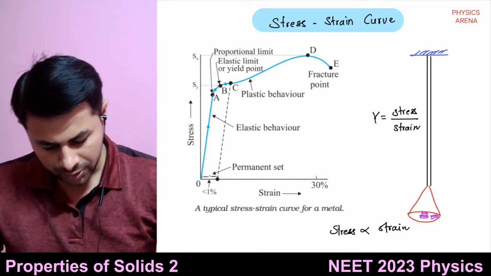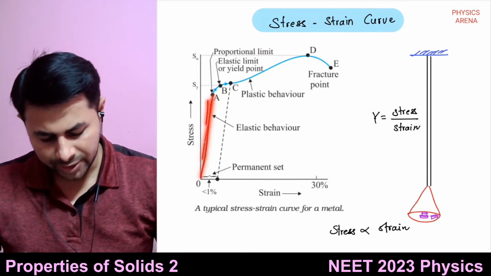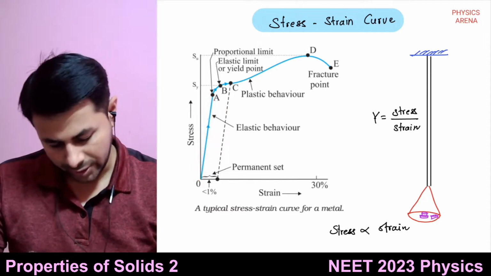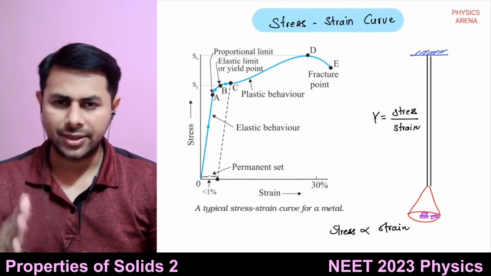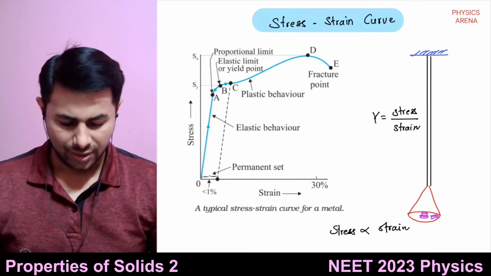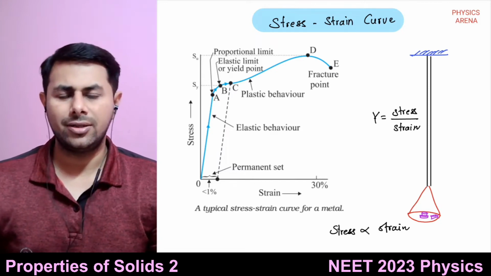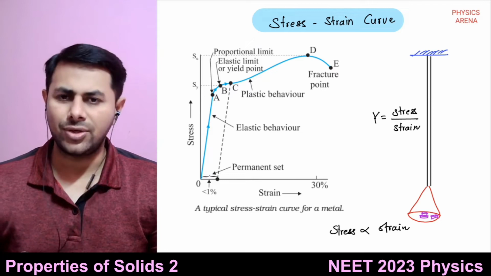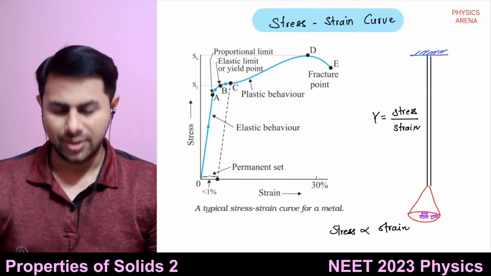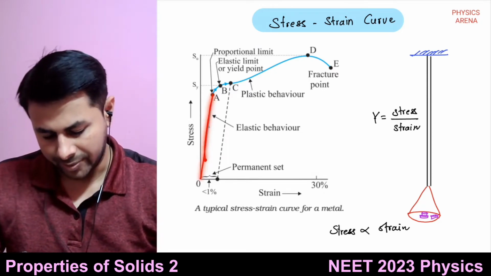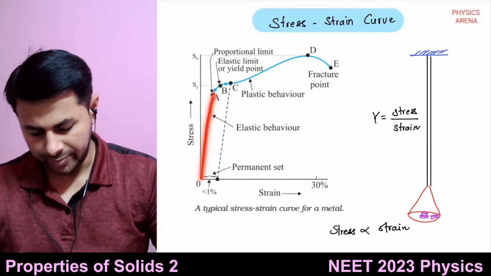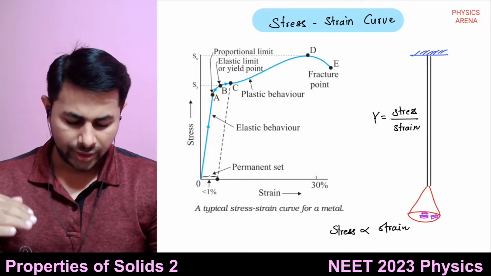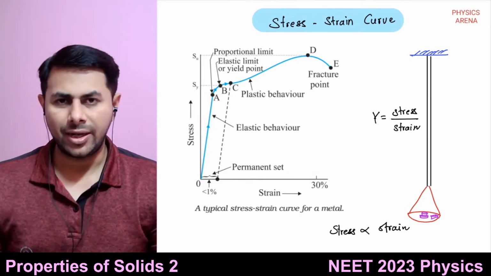If you find the slope of this graph, till the time it is a straight line, then you will get the value of Young's modulus of this material.